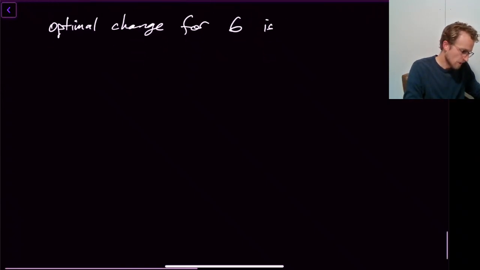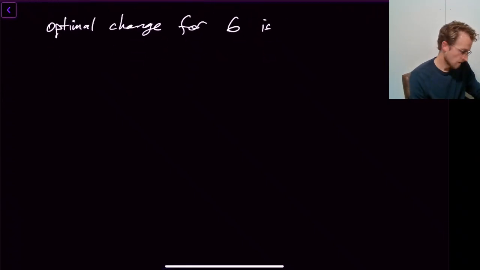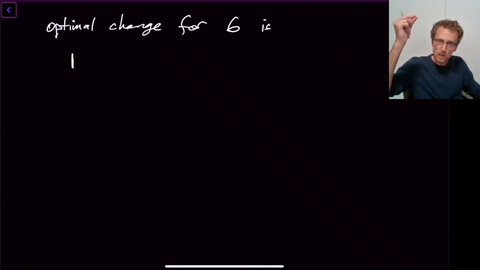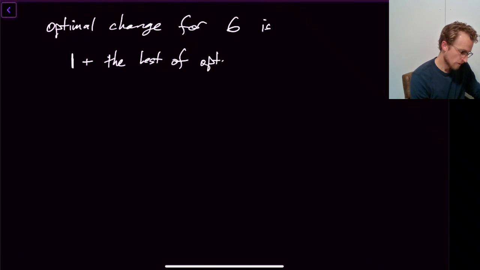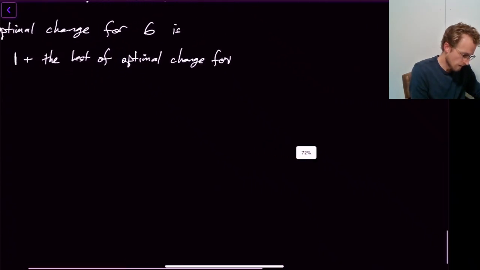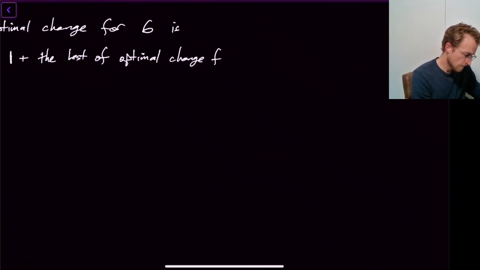So the optimal change for 6 is 1, whatever coin I pick up, plus the best of optimal change for, I'm going to zoom out just a bit here, the best of optimal change for 5.